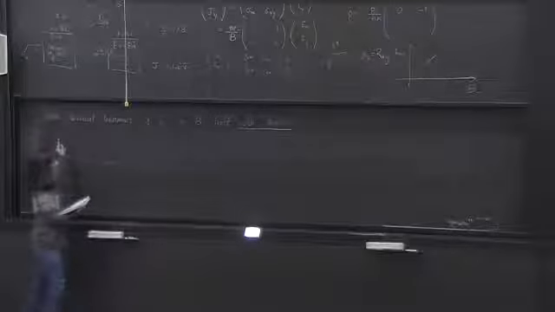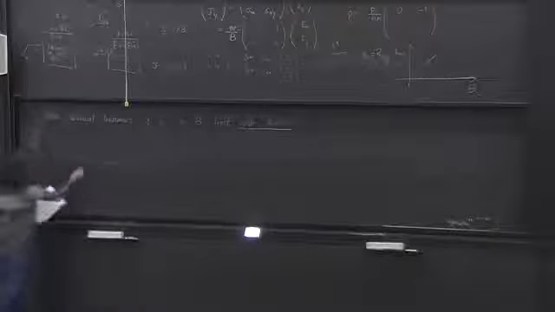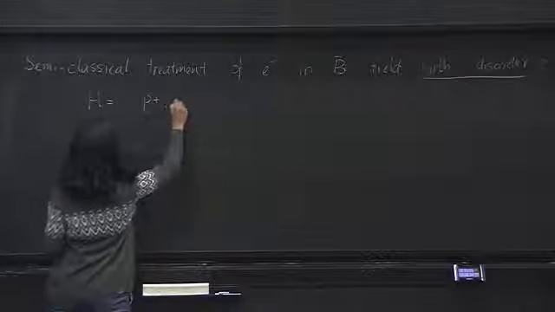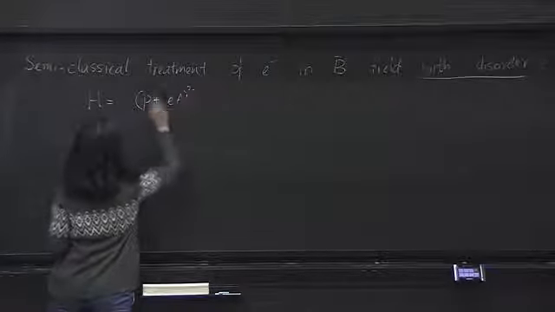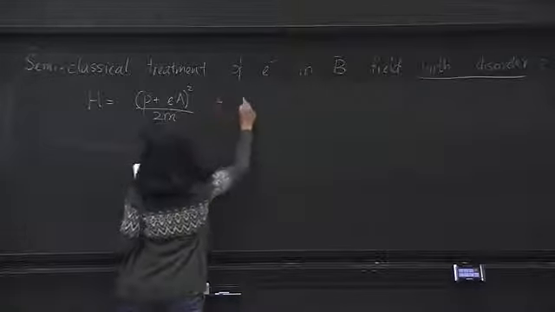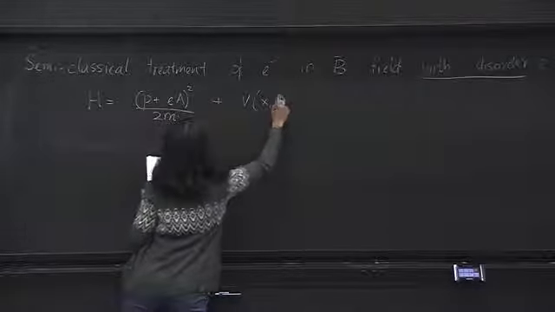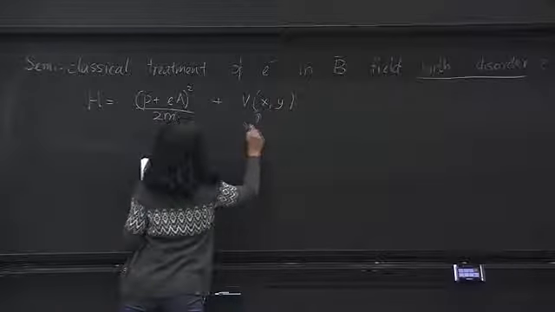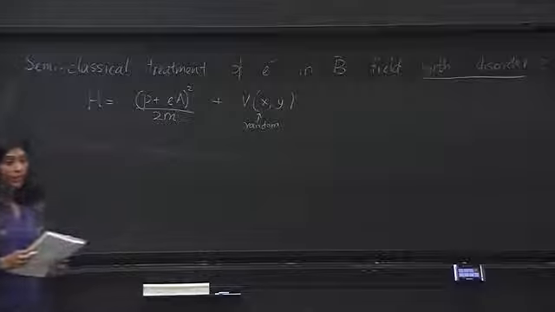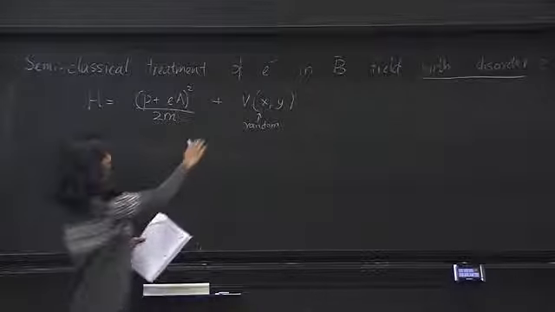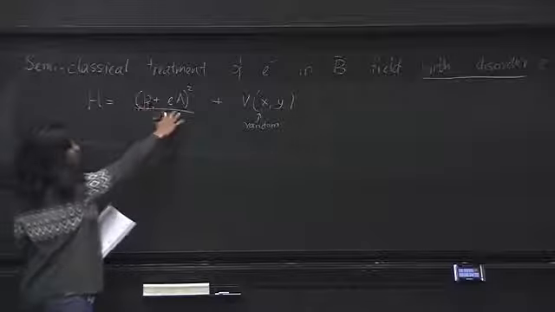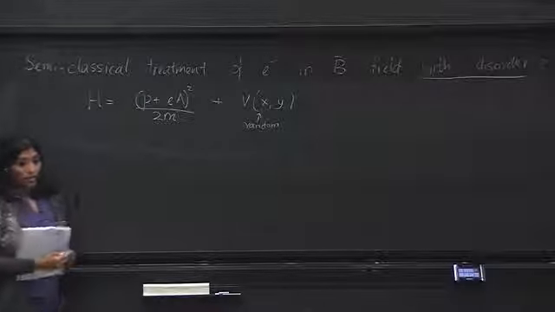So what do I mean by this? Let me write down the Hamiltonian. This is as before, except now I imagine that there is a random potential landscape for my electrons that are moving in the presence of a magnetic field.